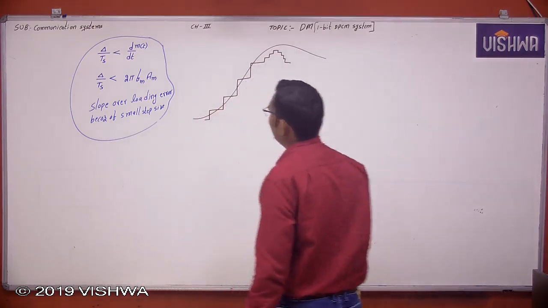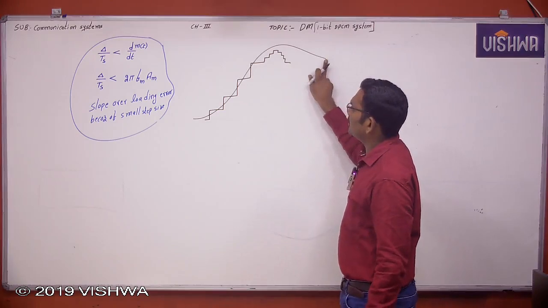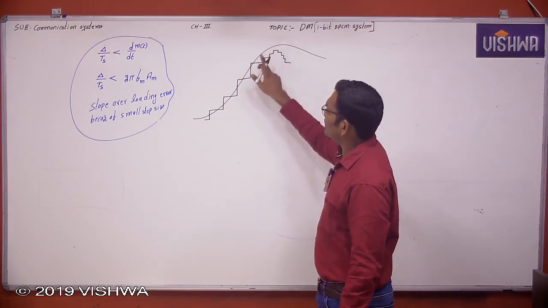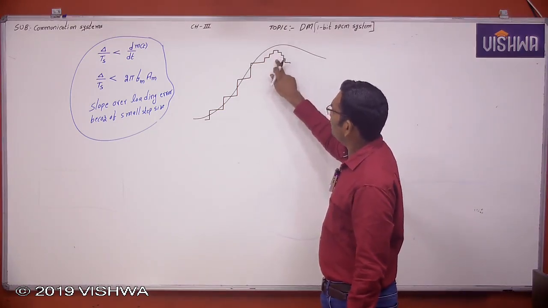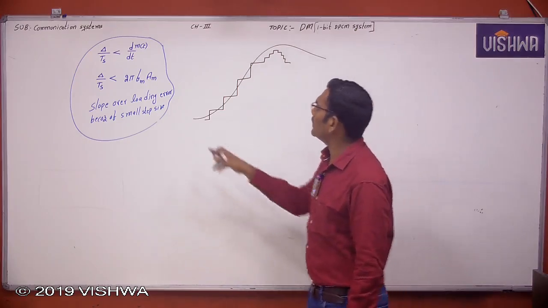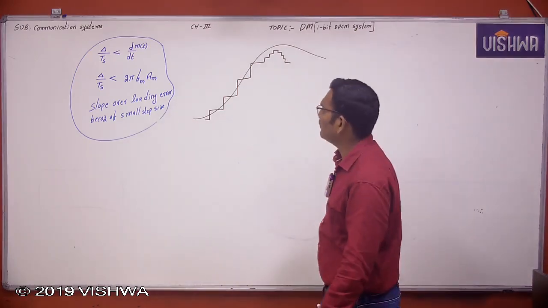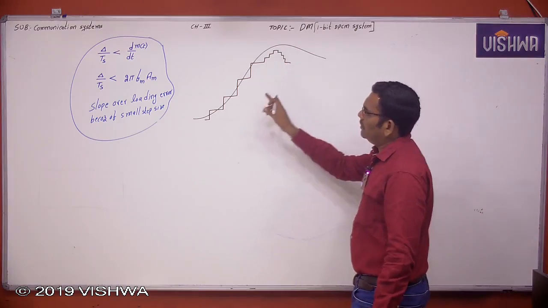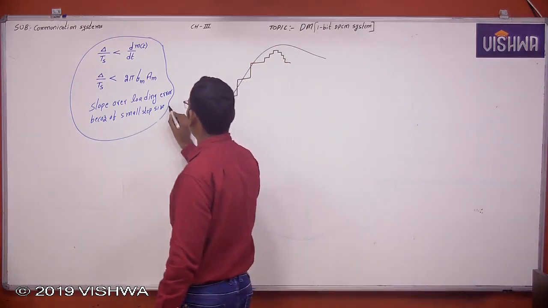Like this. Now this is the slope of the message signal. This is the slope of the reconstructed signal. This slope is less than this. Now definitely errors will take place. Okay. So this is the situation when slope overload distortion will occur.